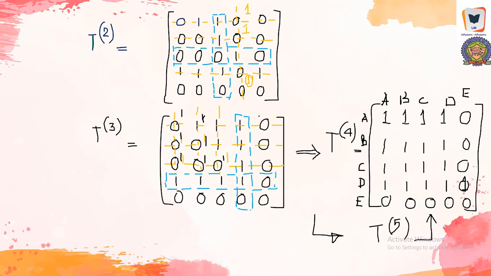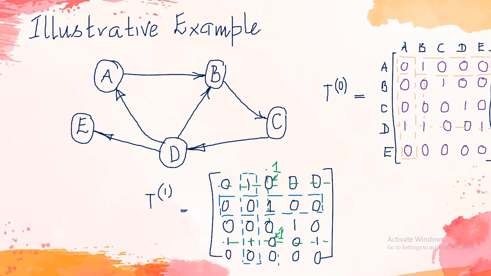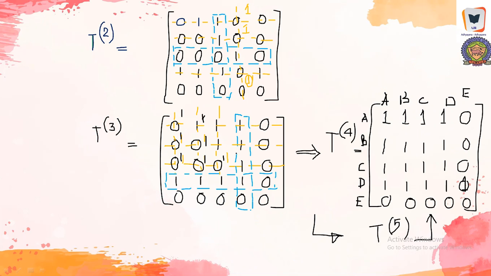B to D is connected. B to D is not a trivial connection. So B, C, D. There exist two paths. Of course, transitive closure would also amount to counting paths. How many paths are there between any two vertices selected at random? It will answer that question also.